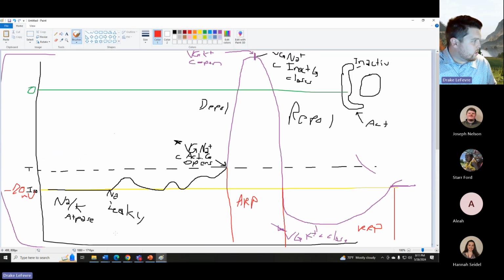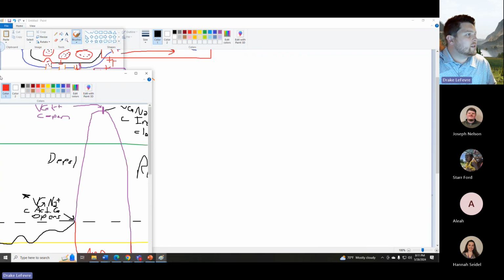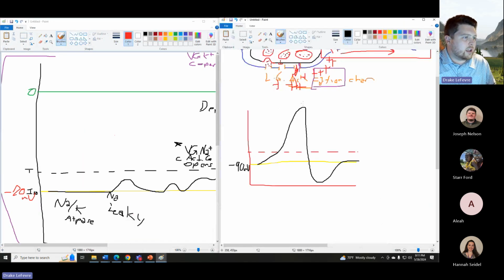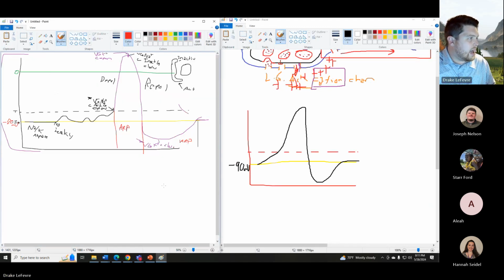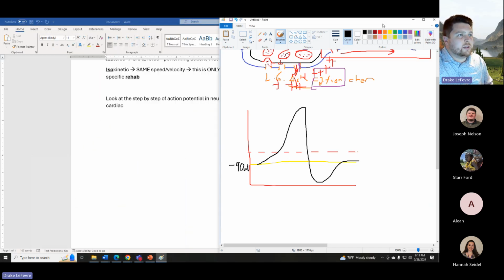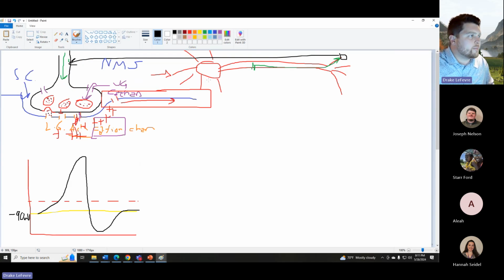That's really the only differentiating factor between the two. Otherwise, this entire process right here is exactly the same as in the nerve cell. Same channels, same everything, open to transfer and pass along the action potential along the sarcolemma.